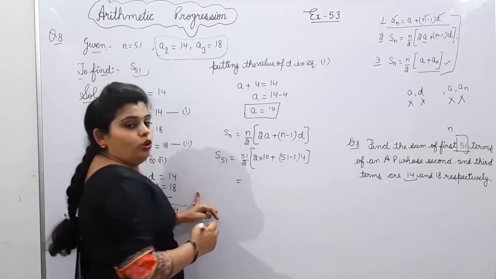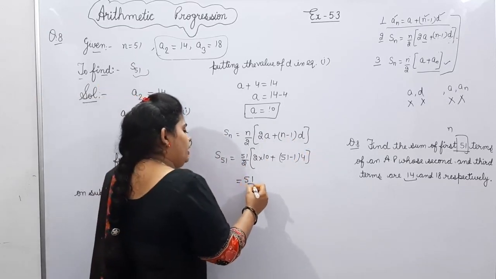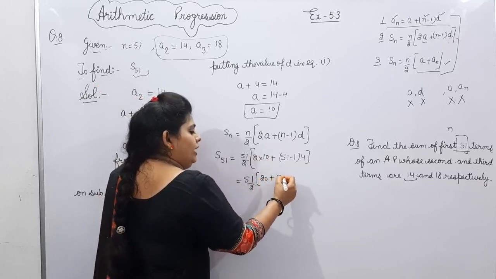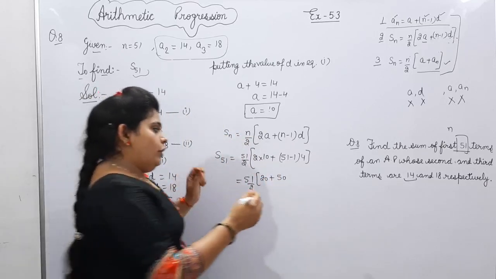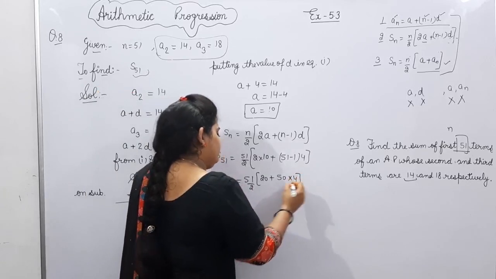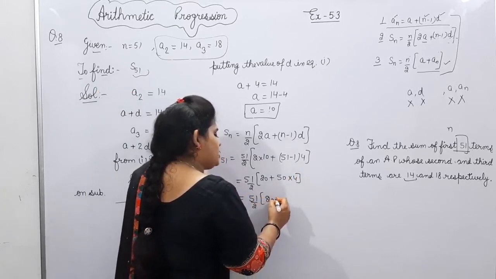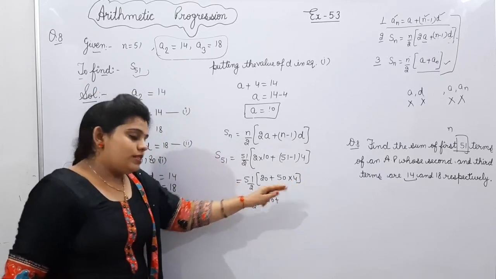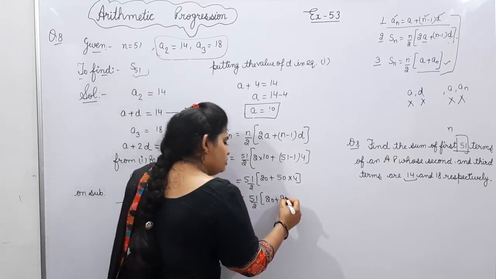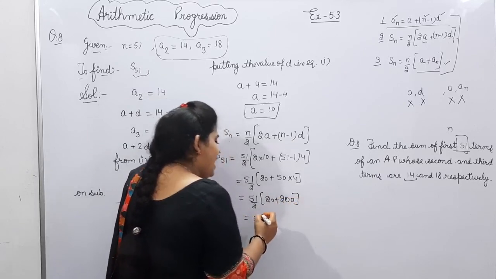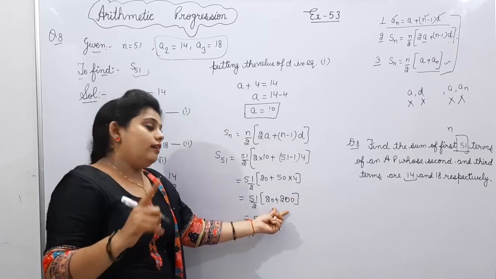And it is equal to 51 by 2 into 20 plus 50, because 51 minus 1 is 50, into 4, which is 200. So 51 by 2 into 20 plus 200. Now, on adding these we will get 220.